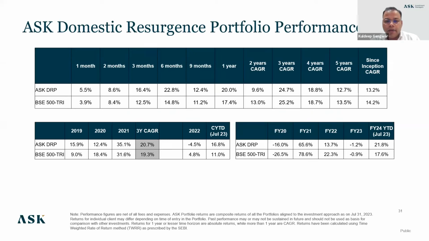By July 23, the portfolio has delivered close to 16.8% CYTD return, with 11% for the benchmark. So whatever we lost in CY22, part of that has already been covered. As I mentioned, earnings growth prospects remain quite strong, and in the normal course, if the valuations remain quite close to where they are, a decent part of that earnings growth should translate into the stock return as well.